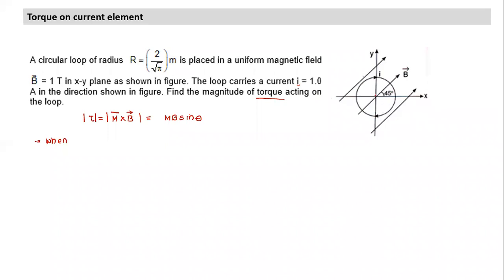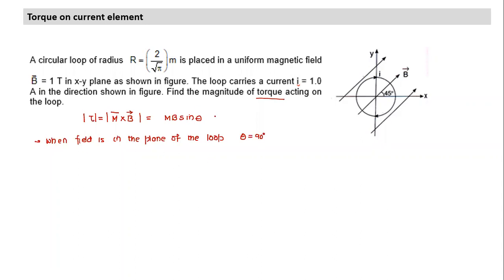Fingers curling along the direction of the loop, the m vector will be perpendicular to the plane of the loop. Since the loop is placed in the xy plane, the m vector will be perpendicular. When the field is in the plane of the loop, what will be the value of theta? Theta will always be 90 degrees.